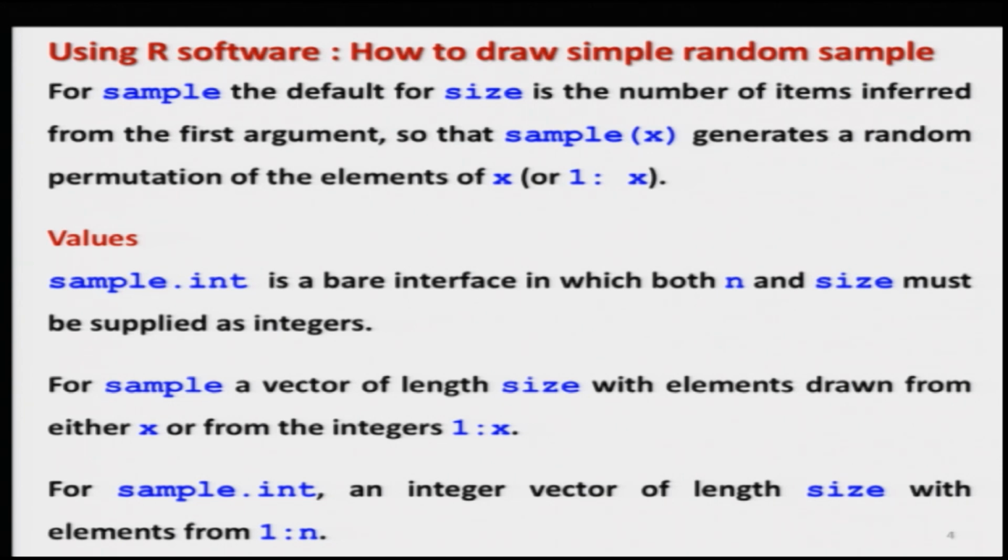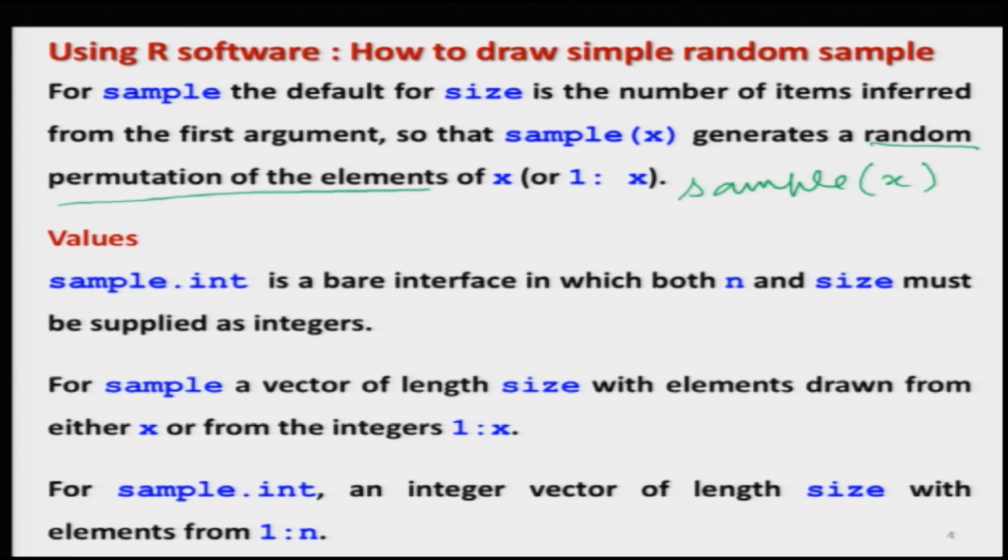And in case you write only one parameter, you simply write sample and inside the parenthesis just write small x. This command will simply generate a random permutation of the elements of x.